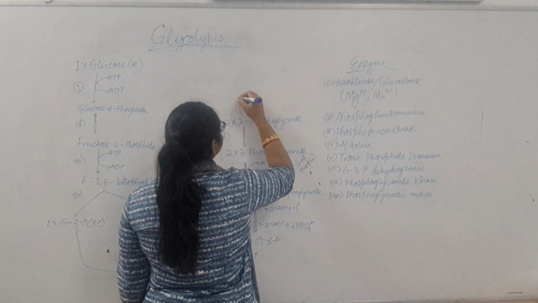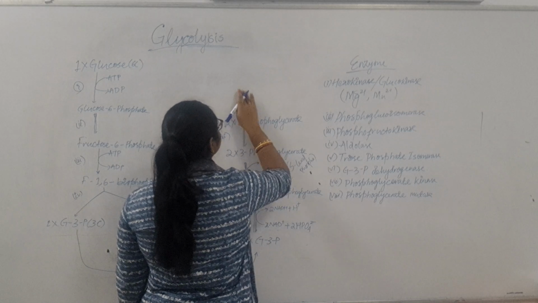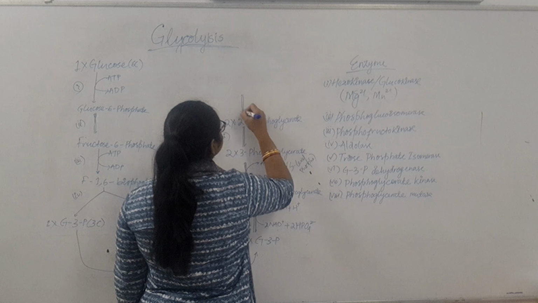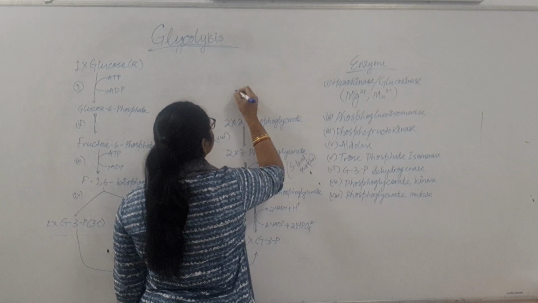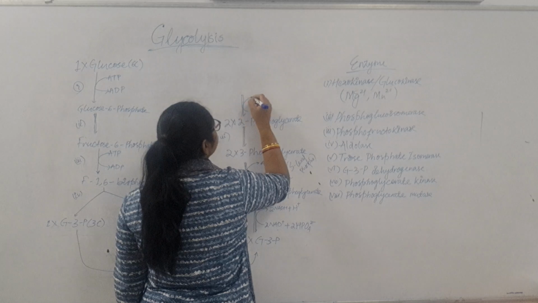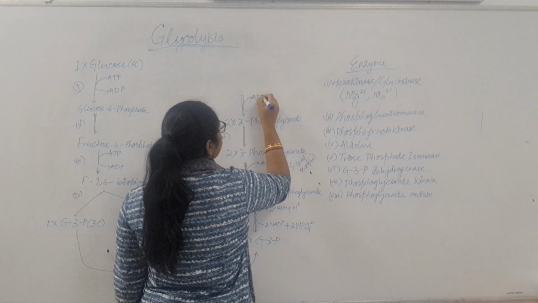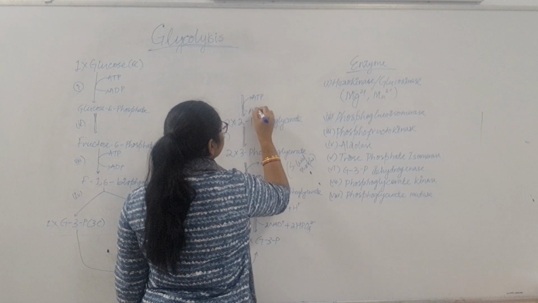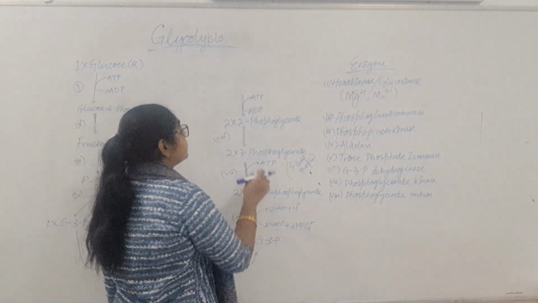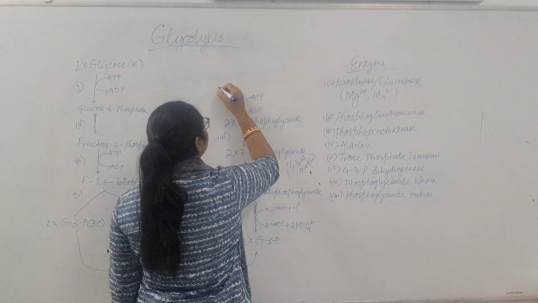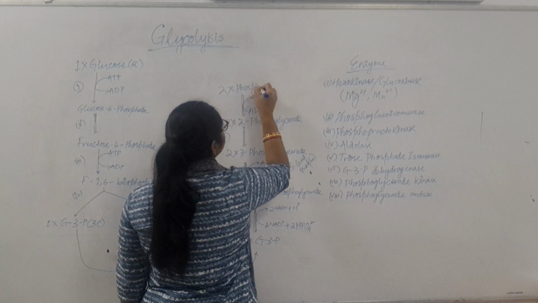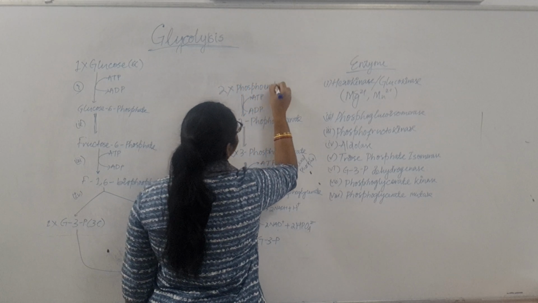will convert. In this process, 2-phosphoglycerate will remove another phosphate group from itself, and the ADP will accept that phosphate group and produce ATP. And the 2-phosphoglycerate will convert to phosphoenol pyruvate.